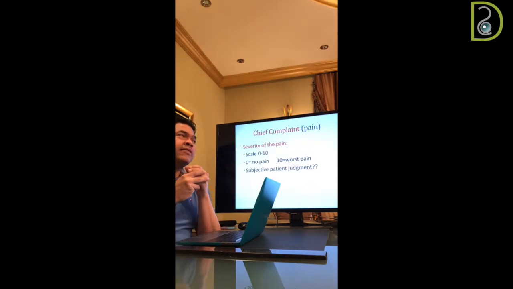And also you have to ask about the severity of pain. You can use what you call the visual analog scale from 0 to 10. 10 means I cannot tolerate the pain, 0 means no pain.